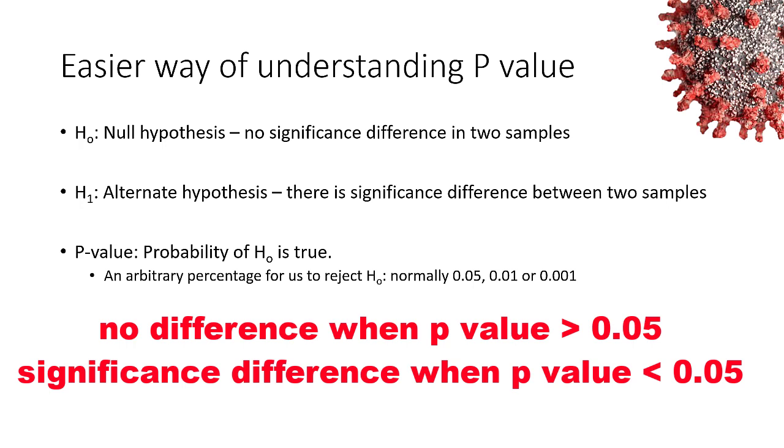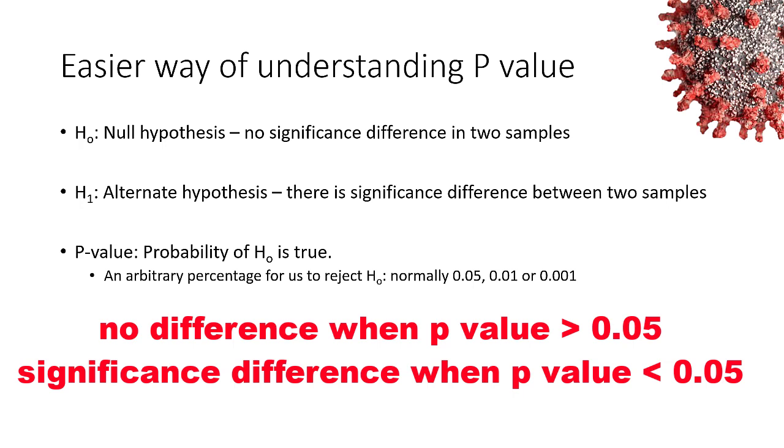Most likely, there is significant difference. So p-value is just an arbitrary percentage for us to reject the null hypothesis. Normally, scientists will use 0.05. That is the standard, but there are also cases whereby the scientists want to be very sure. They will use 0.01 or 0.001.